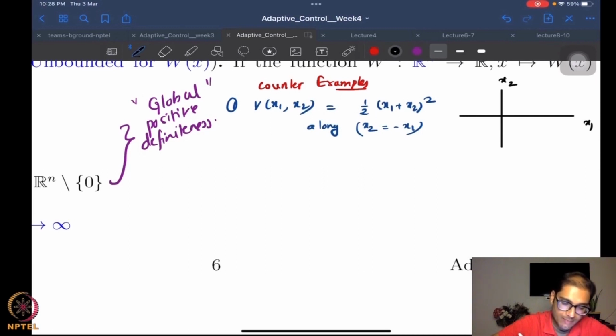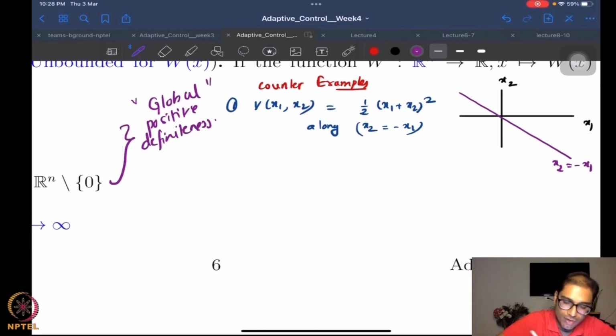I believe it is a line which looks like this. So this is x2 equal to minus x1. So what happens along this line?